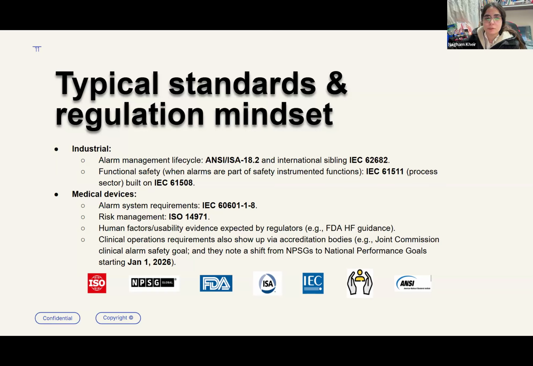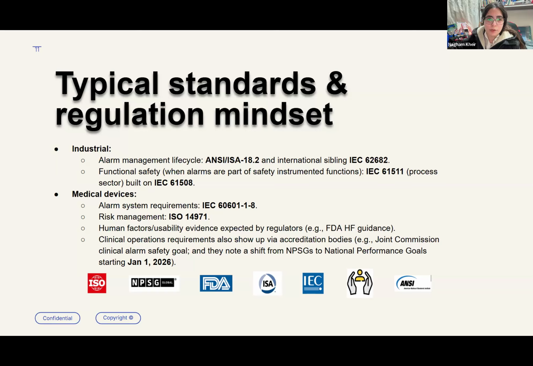Consistent audible and visual signals are also required and tested in this standard. Alarm controls and states, and marking and instructions for use expectations. Also, the documentation for these is basically covered by these standards, and it's crucial, I'd say.